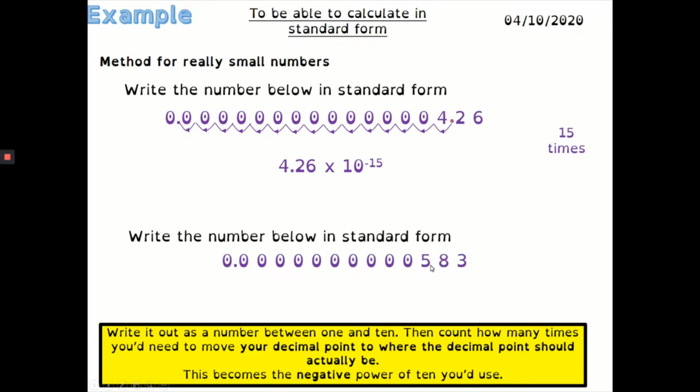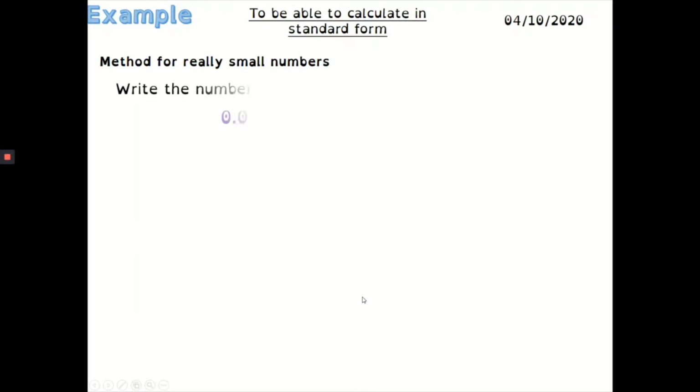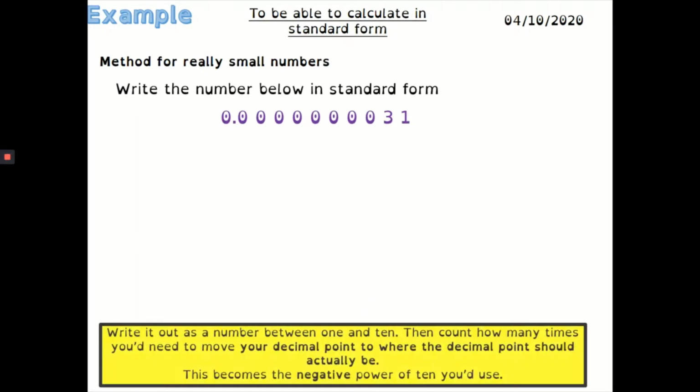For this one, I put the decimal point between the 5 and the 8 to make it 5.83. I'd have to move the decimal point 11 times to get it to where it should be. So I call it 5.83 times 10 to the power of negative 11. Here, I treat it as 3.1.